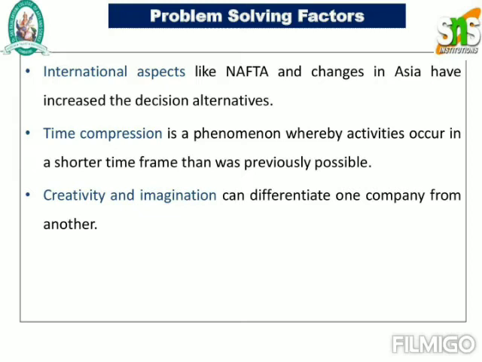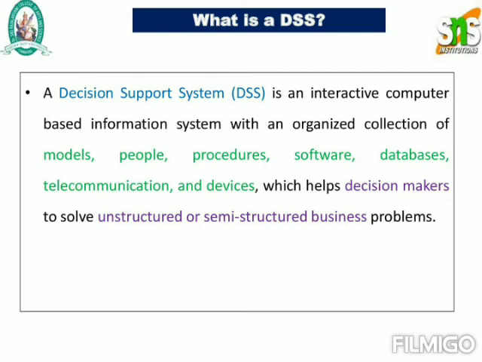Next is the decision support system. A decision support system is an interactive computer-based information system with an organized collection of models, people, procedures, software, databases, telecommunications, and devices, which helps the decision maker solve structured, unstructured, or semi-structured business problems.